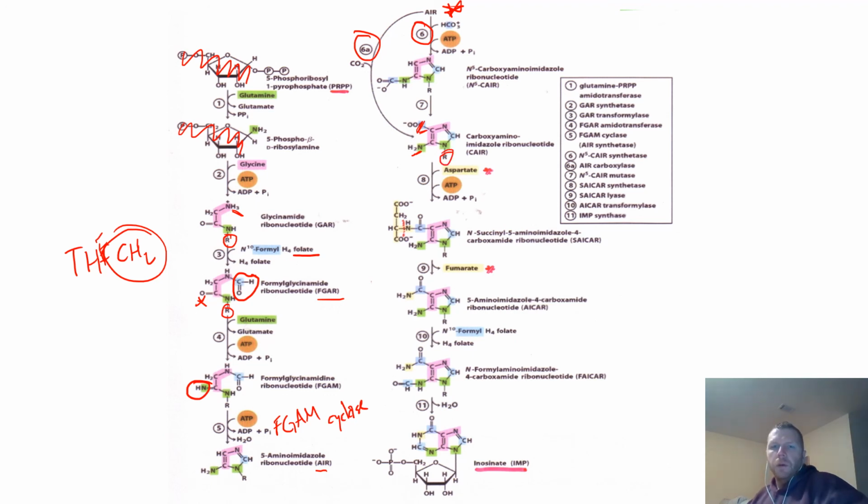If we go the route of 6, it's going to be adding the CO2 directly onto the nitrogen that we most recently added.